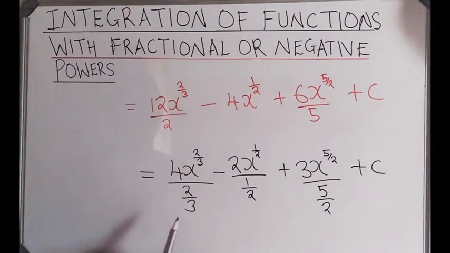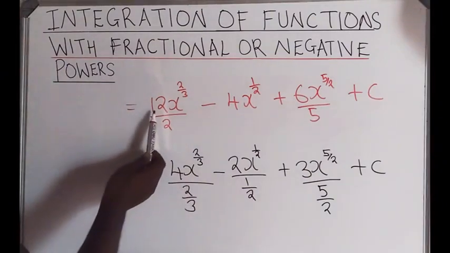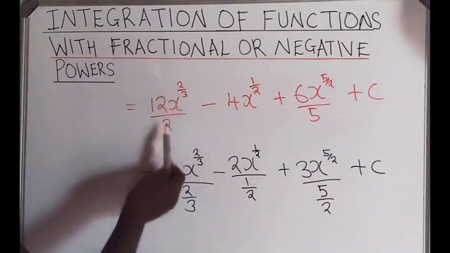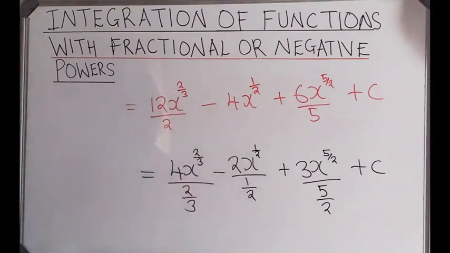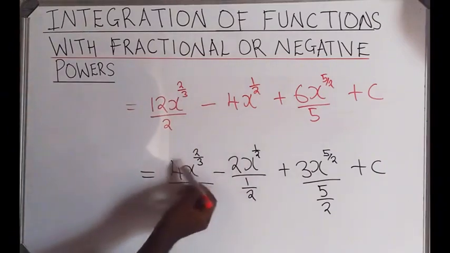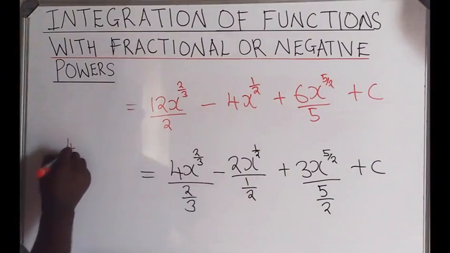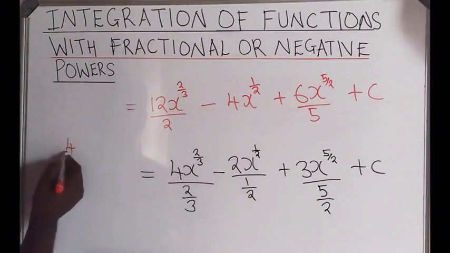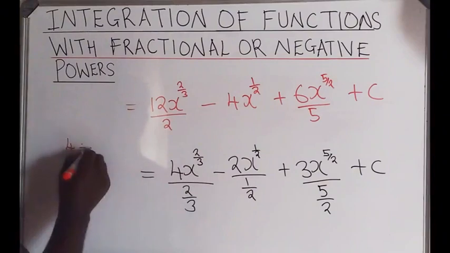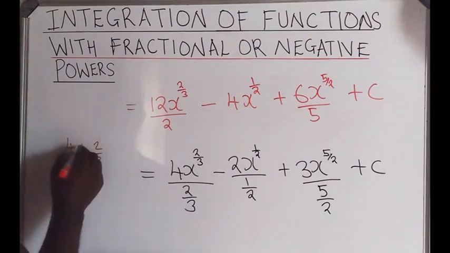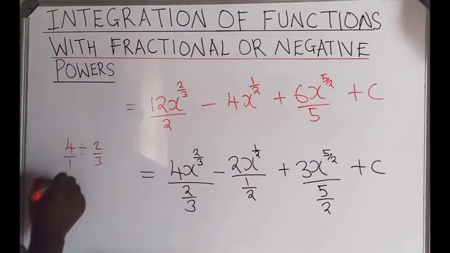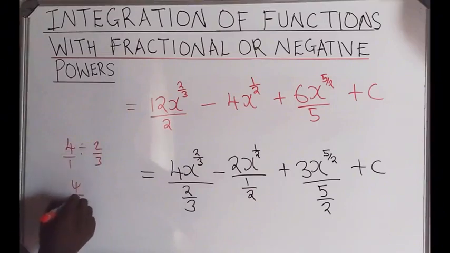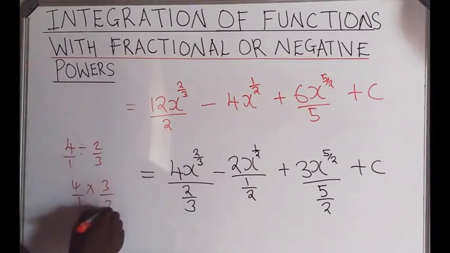Now, let me just explain. In case maybe you are wondering how come we are writing 12x to the power and then over 2, 4. Okay, what you are doing is this. You have this, which is 4. I'll just treat it as 4, which is divided by this, 2 over 3. So the way you work out this, you just say 4 over 1 times 3 over 2 like this.